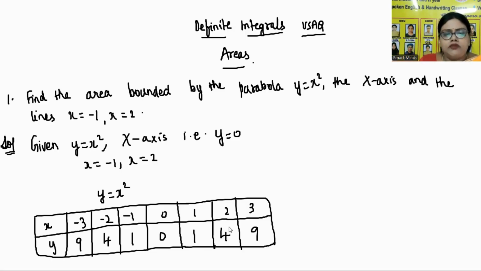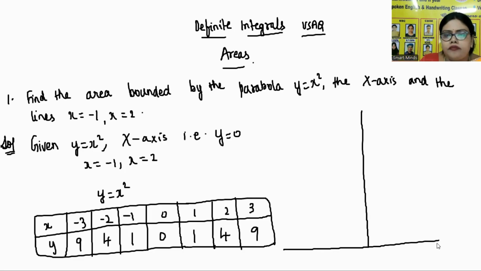So based on these values, we draw a graph. This is the negative x-axis, this is the positive x-axis, this is the positive y-axis. And where x and y-axis meet, that is the origin. Over here you have -3, -2, -1, 0, 1, 2, 3, 4 and so on. First, when x is -3, y is 9.